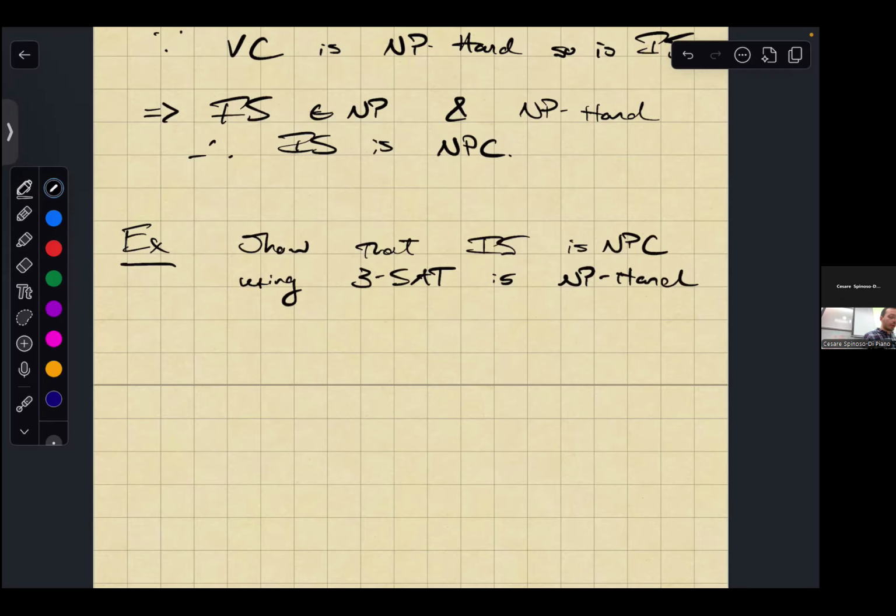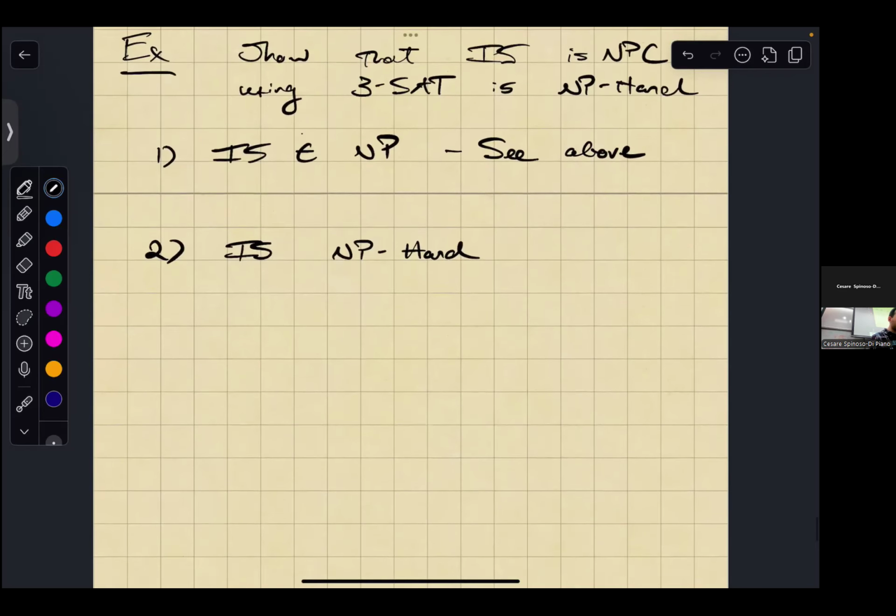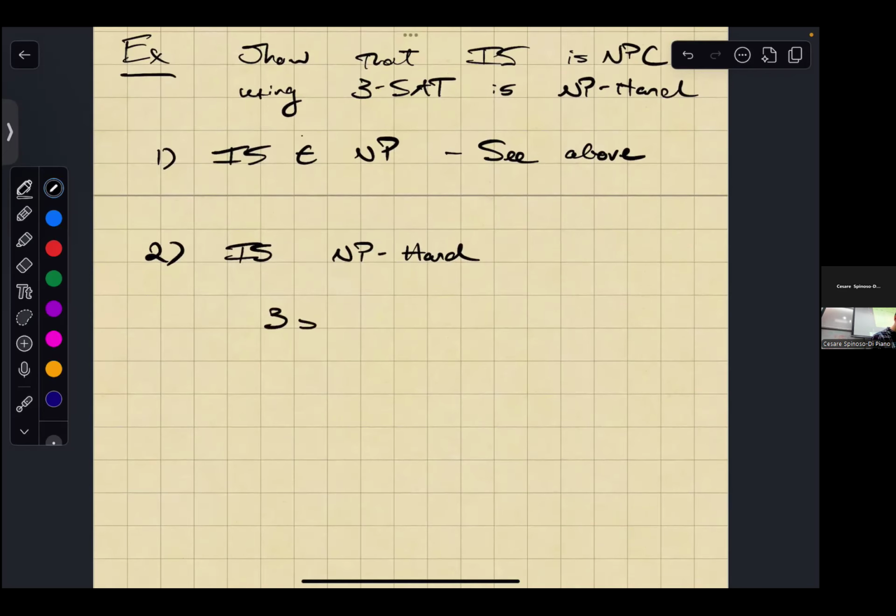And the other nice thing is that we already know that independent set is in NP, see above. So the only thing that we want to do is show that it's NP hard. But now instead of reducing from vertex cover, we want to reduce from 3-SAT.